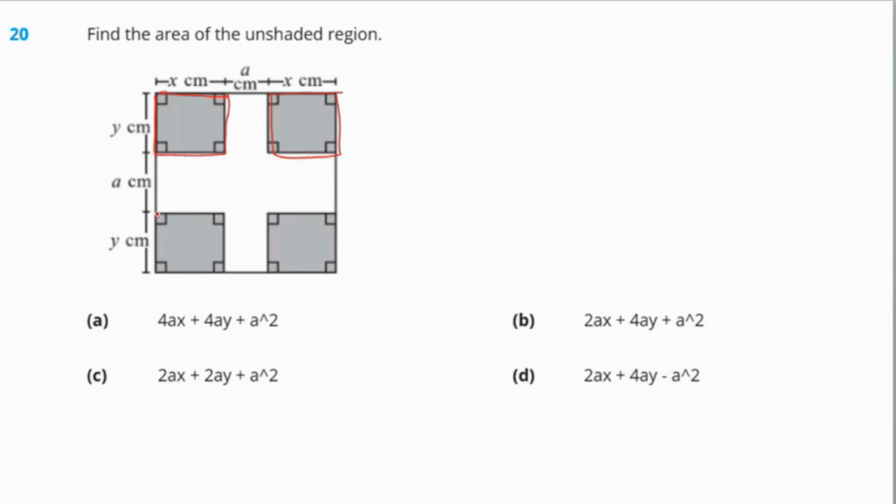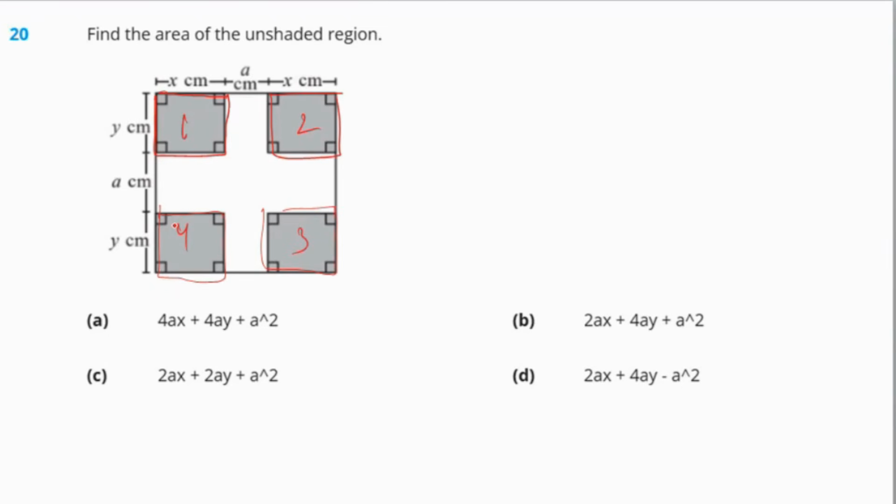Okay, this is the shaded part. If we take one of the rectangles, all are similar rectangles, and there are a total of 4 rectangles like this.